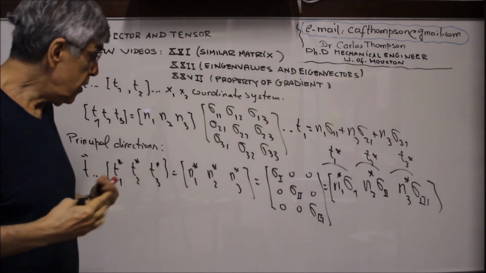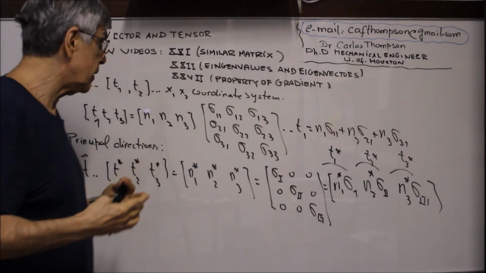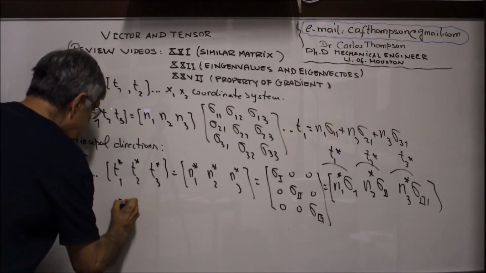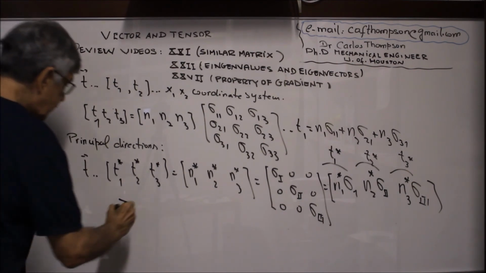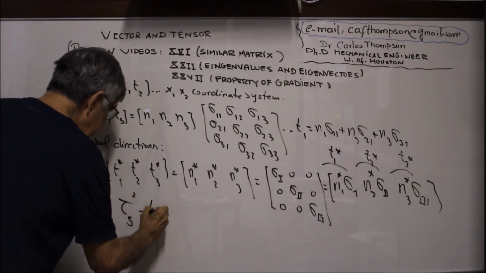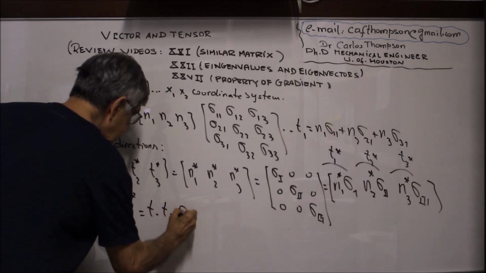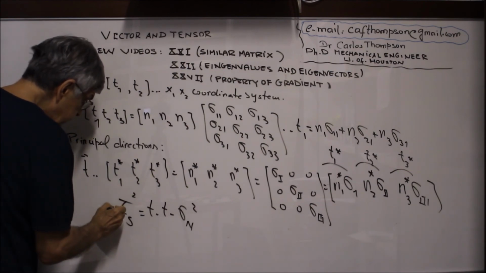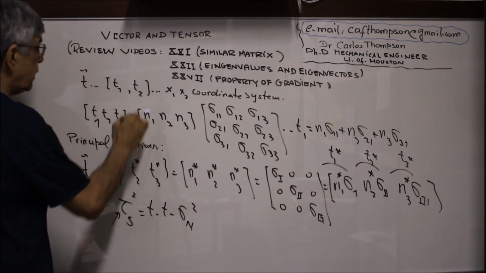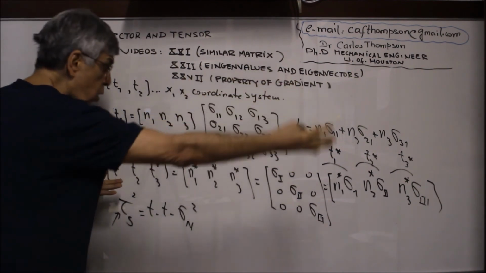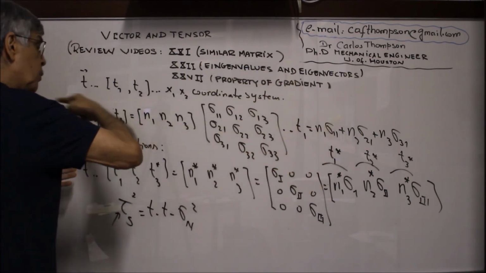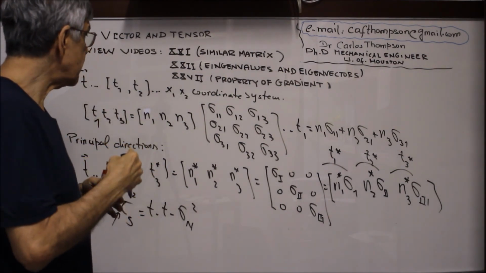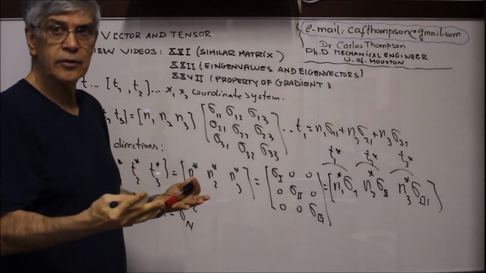So now, if there is a topic in which we maximize or minimize tau s, you see this is equal to T dot T minus sigma n squared. Look, if you minimize this function using the x1, x2, x3 coordinates, it's not that it's complex, but it's a lot of terms.